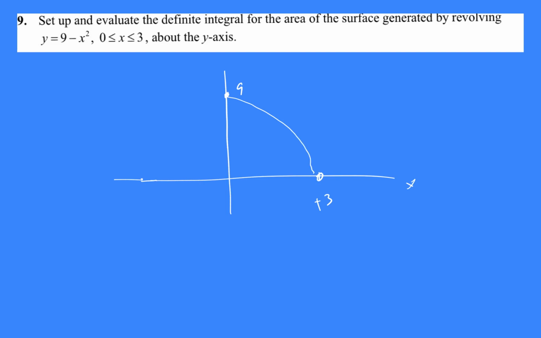If I revolve it through the y-axis, I will form something like this, and this is minus 3. And they ask me about the surface area.